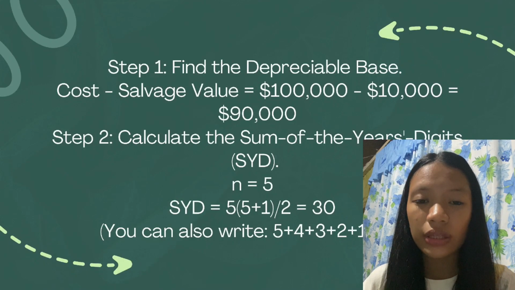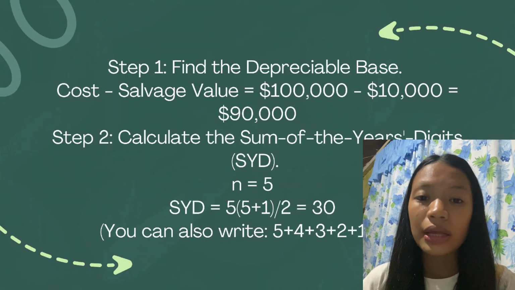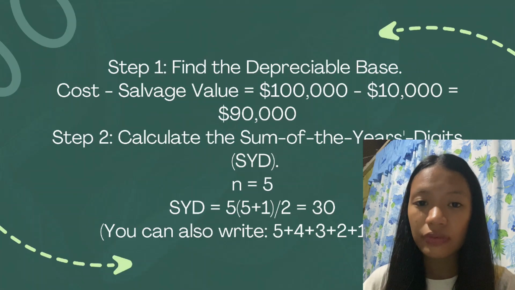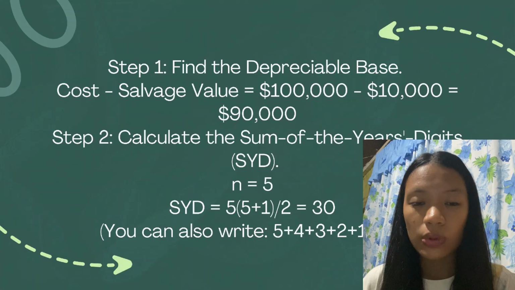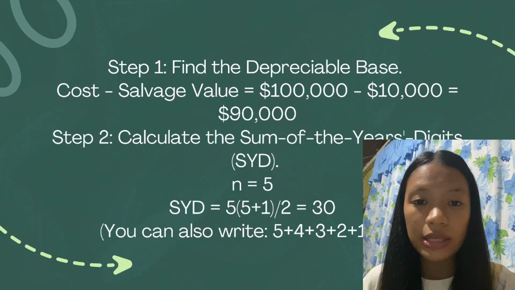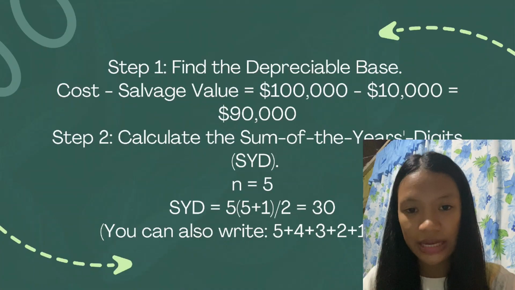Next, we calculate the SOYD. Our useful life is 5 years, so we plug it into the formula. 5 times 6 divided by 2 equals 30. You can double check it by adding 5 plus 4 plus 3 plus 2 plus 1, which also equals 30.